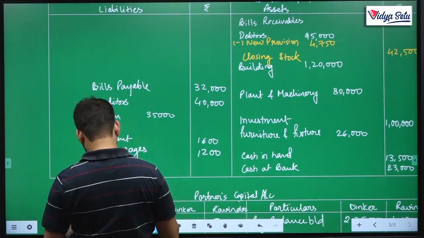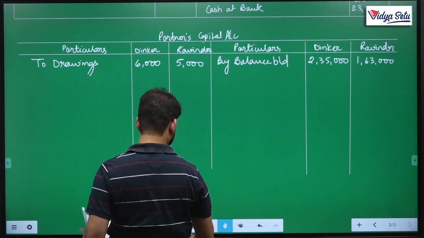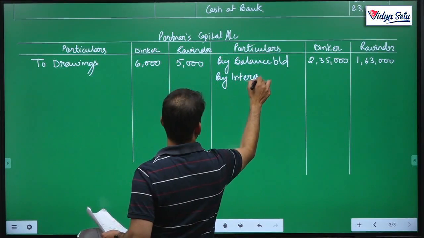Then interest on capital to be allowed at 4% per annum and drawing 6% per annum. So, interest on capital and interest on drawing in the capital account of the partners.